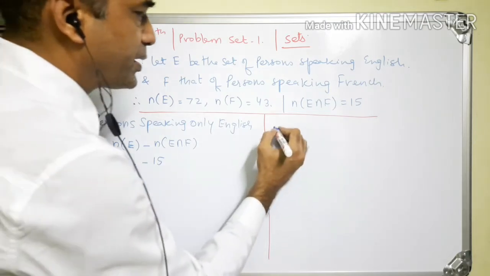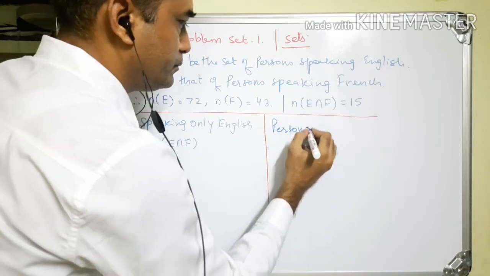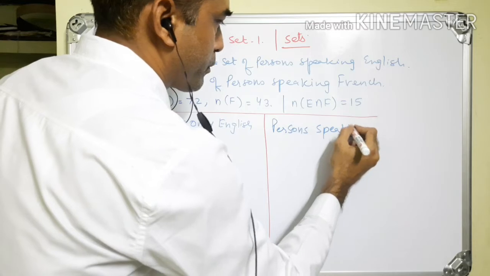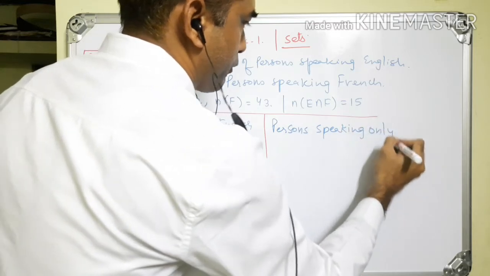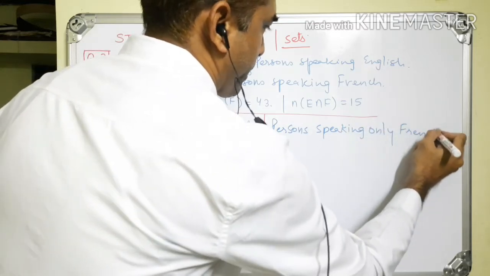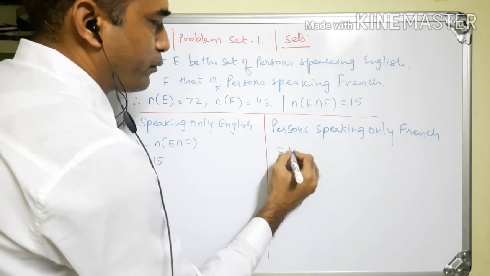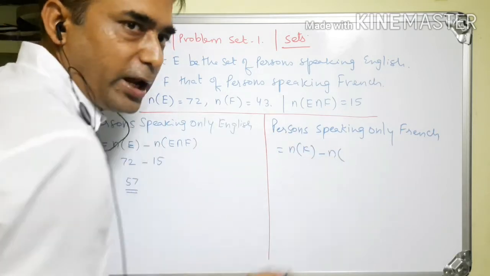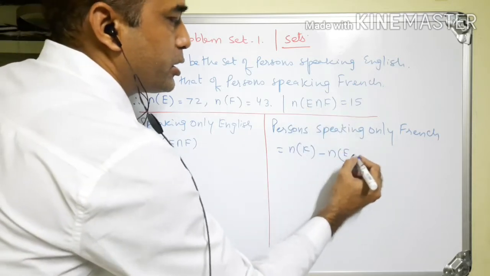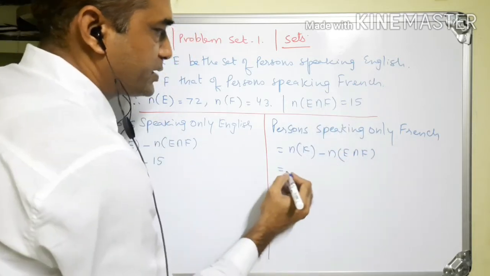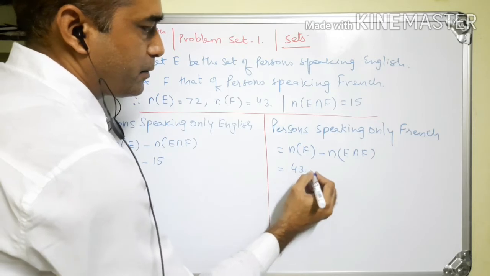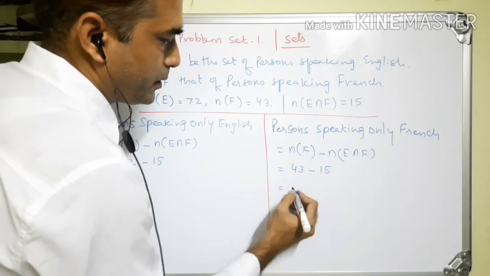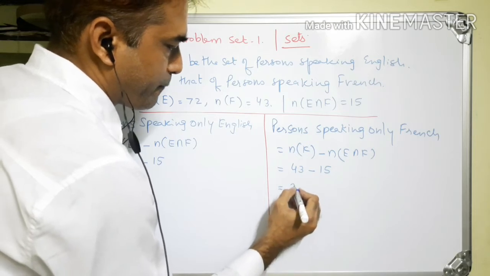Now persons speaking only French. This will be equal to the number of elements in set F, again minus the number of elements in set E intersection F, that is 43 minus 15, which is 28.